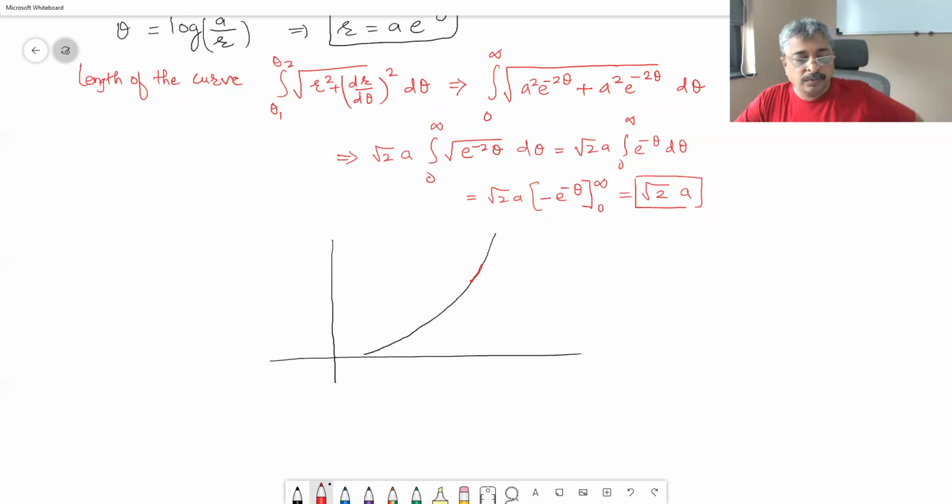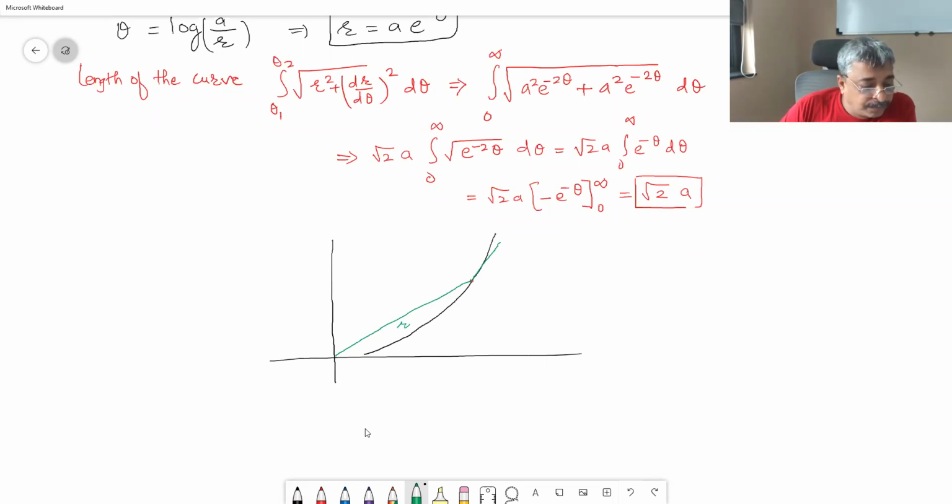Let me draw the tangent, something like this, but if the vicinity is very close, then the curve and the tangent coincide. Okay, green is the tangent. Now this is your r, and this is your theta as far as this point P is concerned.